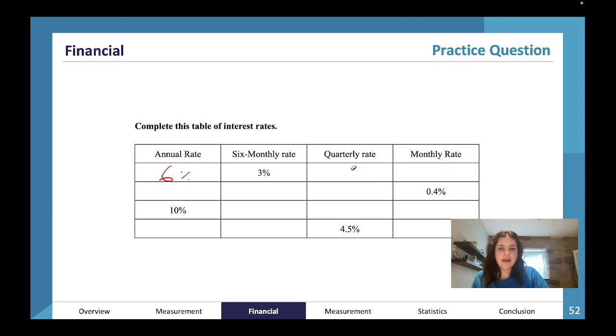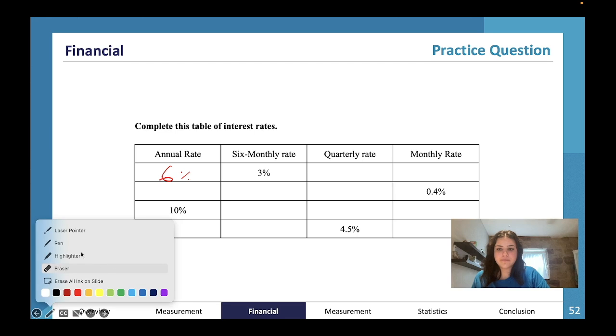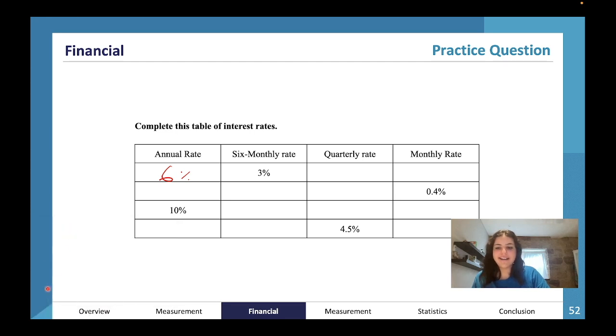So we have an annual rate of 6%. Oh, actually, no, I think I did it right. We have an annual rate of 6%, quarters, 6 divided by 4, 1.5. And our monthly rate, yes, we need to go 6 divided by 12, so 0.5. Second guessed myself for a second there.